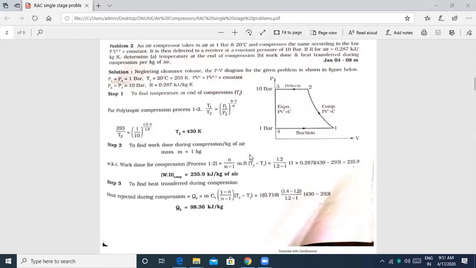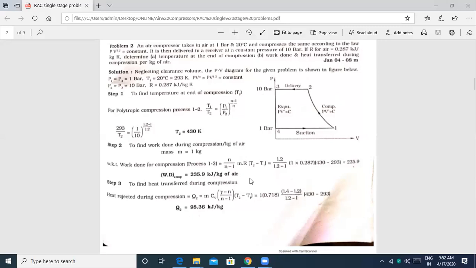Just remember, the previous one is the expression for work done during a polytropic process, whether it is compression or expansion, whereas this is the formula for the heat transfer during a polytropic process: m Cv (gamma minus 1) divided by (n minus 1) into (T2 minus T1). m is 1 kg, Cv is 0.718, gamma is 1.4. Suppose they are not given, you have to assume. And n is given in the problem, PV raised to 1.2.